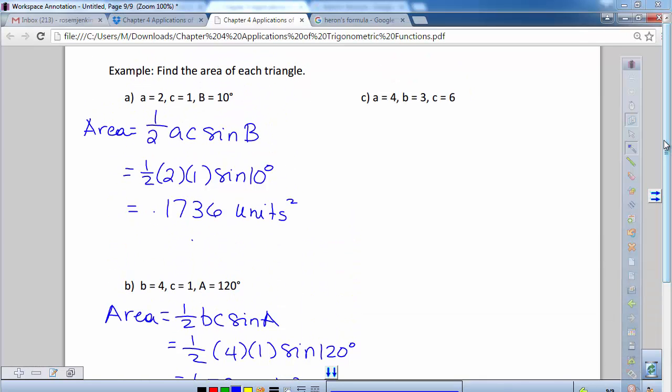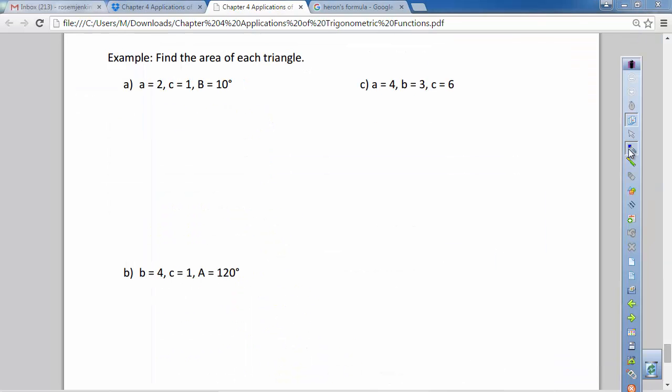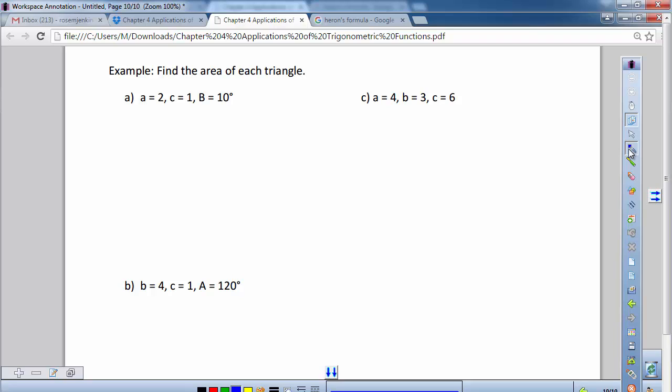All right, in C, since I have the length of 3 sides, I'm going to use Heron's formula. The first thing I want to do is find that semi-perimeter. So S equals 1/2 of 4 plus 3 plus 6, or 1/2 of 13, which is 6.5.